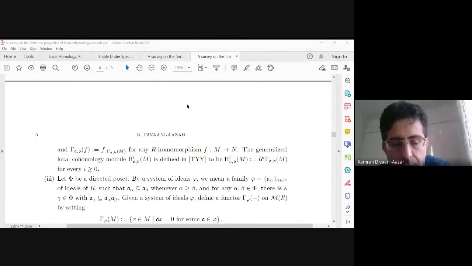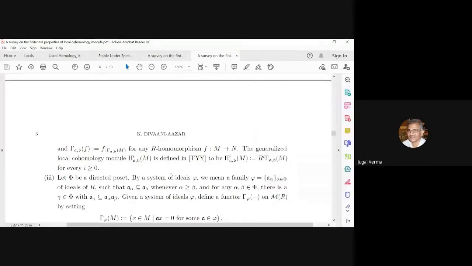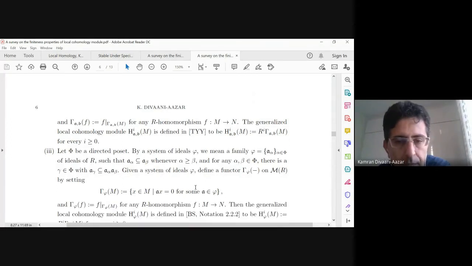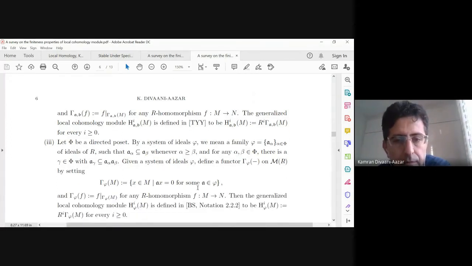Symbolic power, you mean the nth symbolic power? Yes, for example, if you take symbolic power, or even Frobenius power, you can have many different phi, but for these phi's, you don't have any differences.